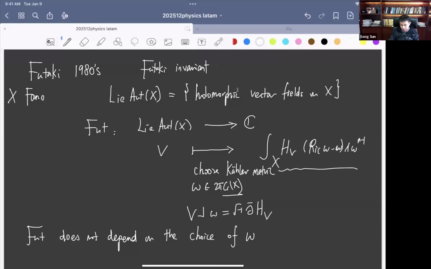But later, Donaldson found that there's actually an algebraic geometric formula for the Futaki invariant. You do not need these integrals; use the equivariant Riemann-Roch. Anyway, it's a Lie algebra homomorphism.